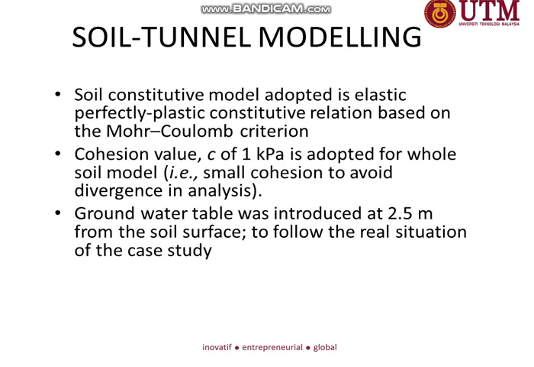The soil model adopted a Mohr-Coulomb criterion with a cohesion value of 1 kilopascal to avoid divergence in analysis. And not to forget, the groundwater table was introduced at 2.5 meters, following the real situation of the case study.